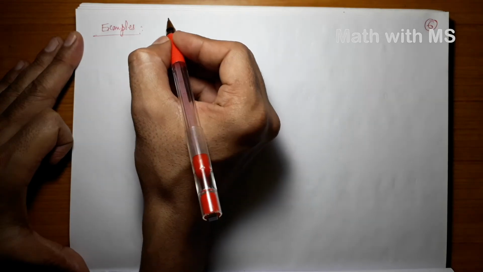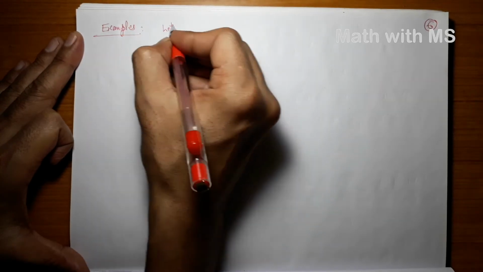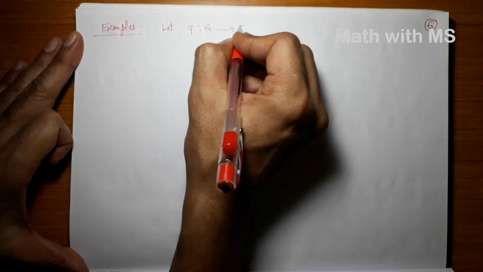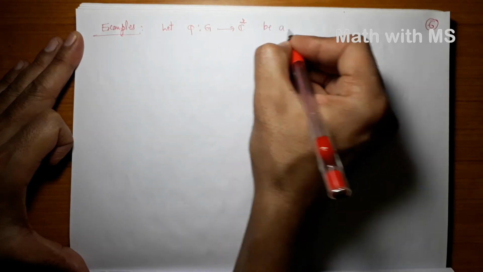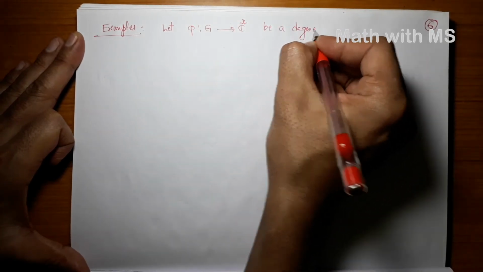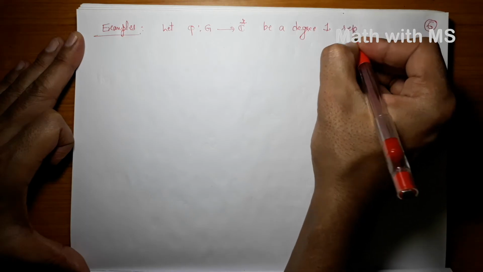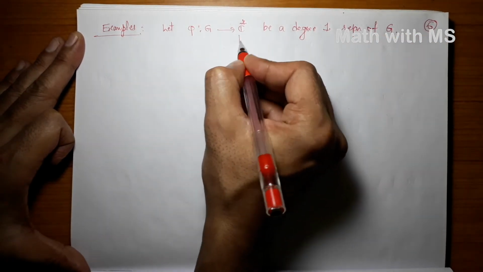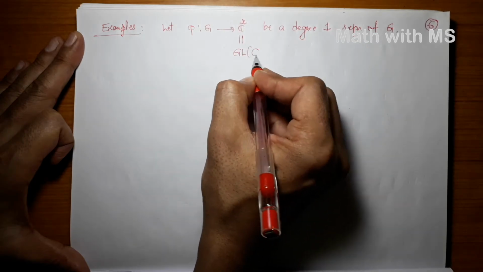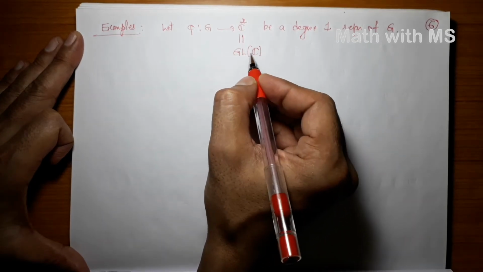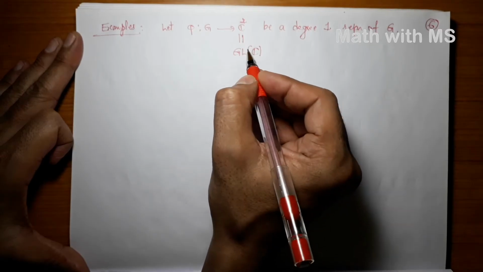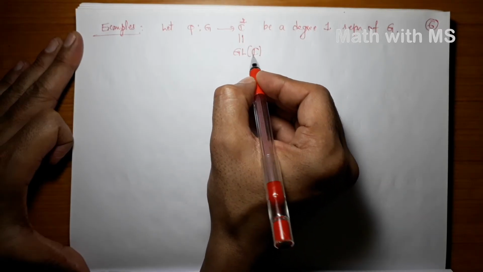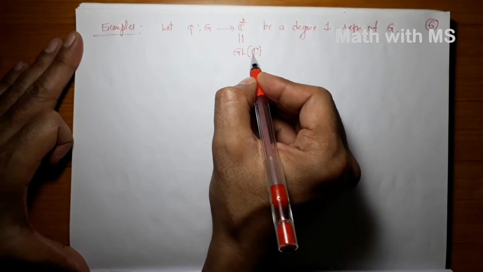So let us start with degree 1 representations. Let phi from G to C star be a degree 1 representation of a group G. All right, so that means this is just GL of C, but C over C is one dimensional. What could be all G invariant subspaces of C?